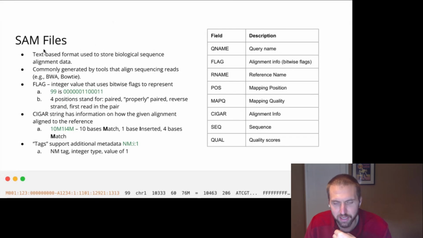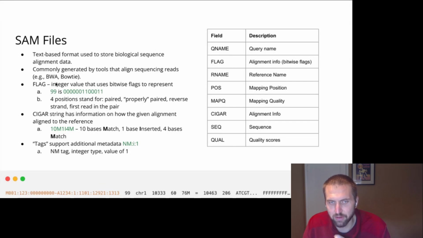So the SAM file format, which is used to store alignment information, has a number of fields which are tricky. We have this flag field, which is like bitwise flags to represent if reads are paired, properly paired, on the reverse strand, or the first read in a pair.